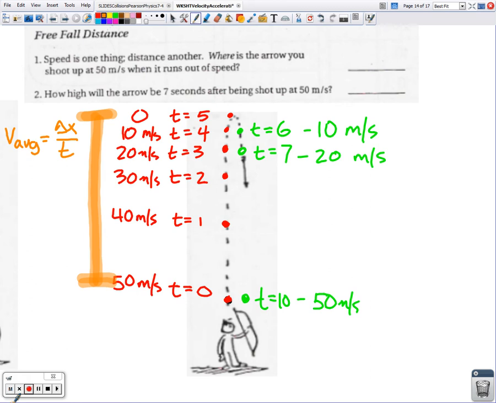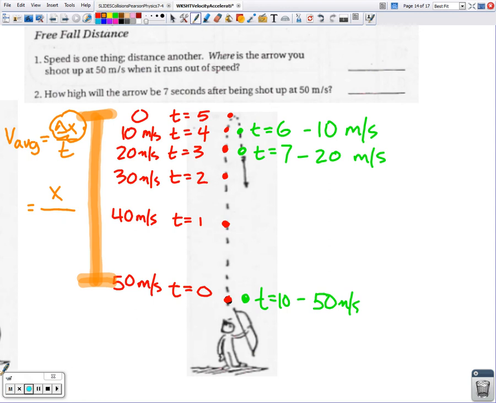Not the displacement over time. If it's just asking us for where, it's asking us for the position or the displacement. How far away from the starting point is the arrow when it reaches the top? That's what it's asking you for. So, that's our unknown. Now we have to fill in the rest of the equation.